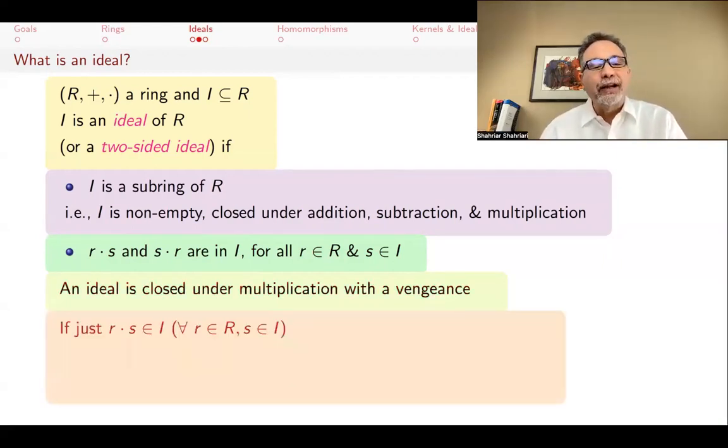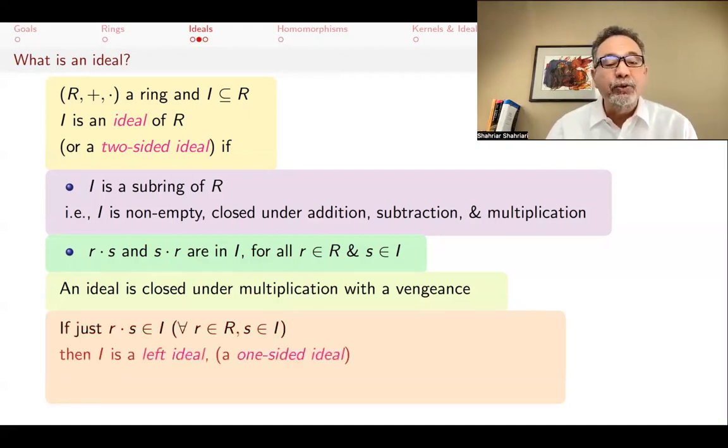So now, if you could only multiply ring elements on one side and be assured you get something in the ideal, then you would call that a left ideal. For a left ideal, you're multiplying on the left by ring elements. That would be an example of a one-sided ideal as opposed to a two-sided ideal.